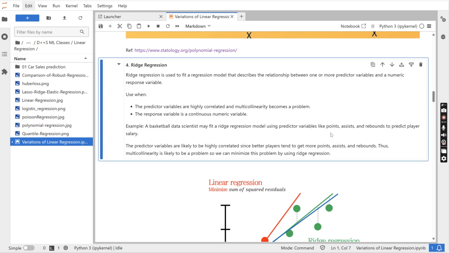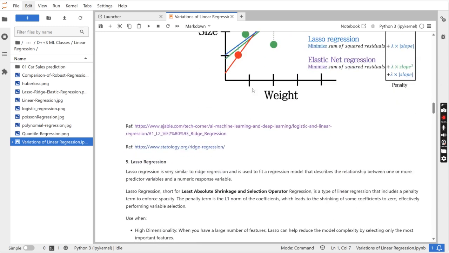Because points, assists, rebounds are highly multicollinear. A better player will always have more points, more assists, more rebounds. So multicollinearity is a problem there. Hence, that problem can be minimized using ridge regression. Is this clear?